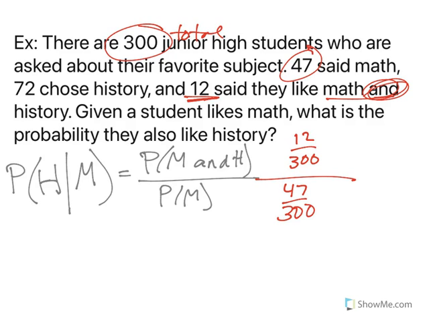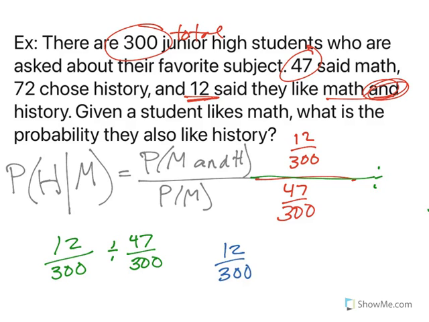Now we have a complex fraction, a fraction over a fraction. Remember that a fraction bar is a division sign. So this is the same as 12 over 300 divided by 47 over 300. Do you remember how to divide fractions? We keep the first fraction, change division to multiplication, and flip the second one.